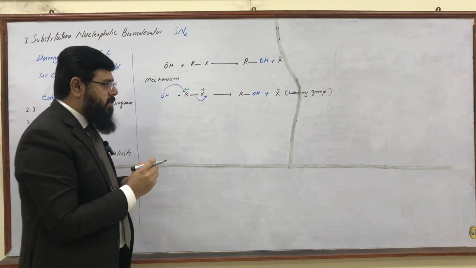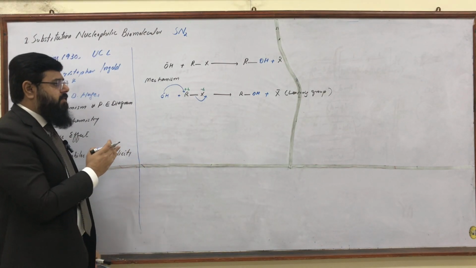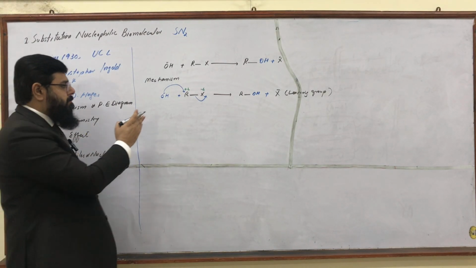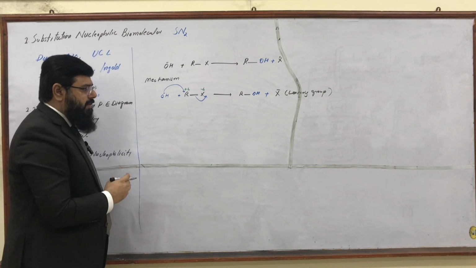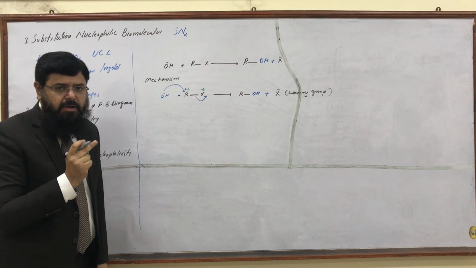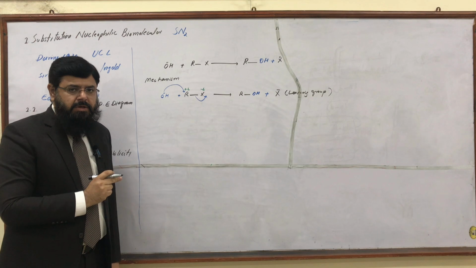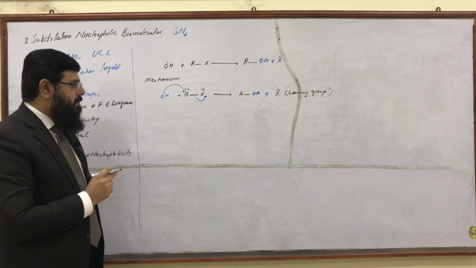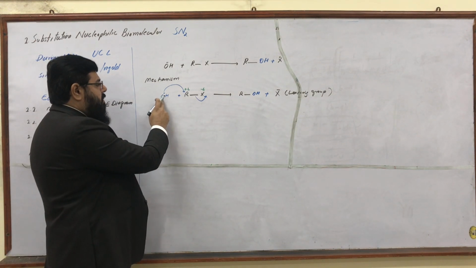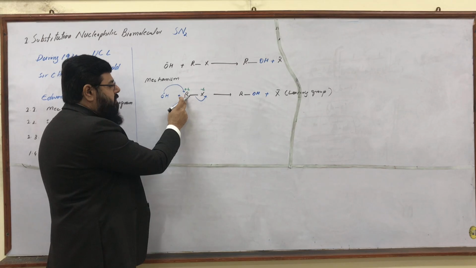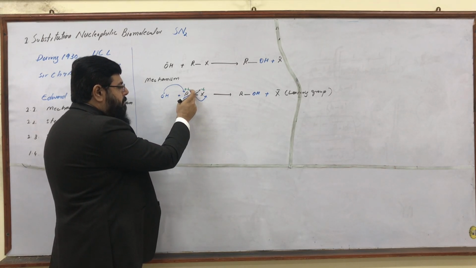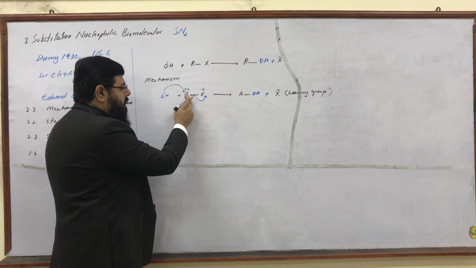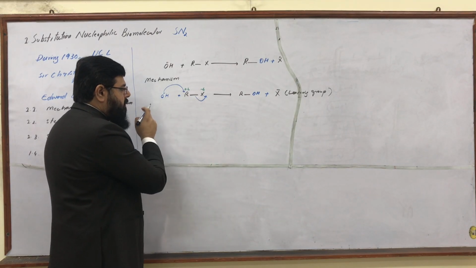When they conducted a series of experiments on primary alkyl halides and various nucleophiles, they found that this is a single step reaction. Single step means that at the same time the hydroxyl group develops a bond with this alkyl group, and at the same moment the bond between alkyl and halide starts breaking.